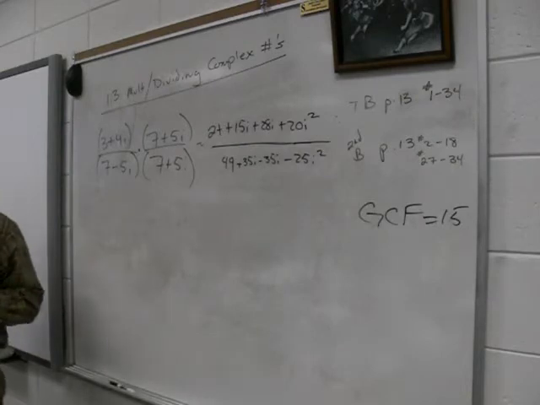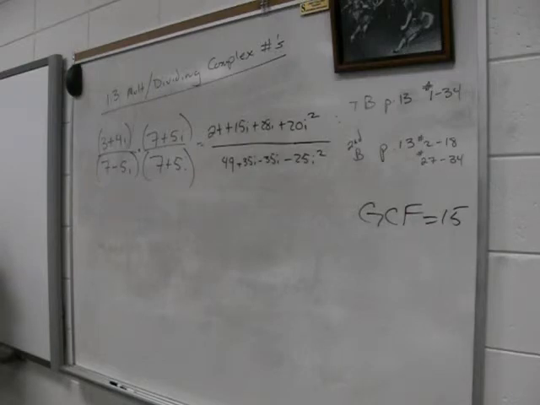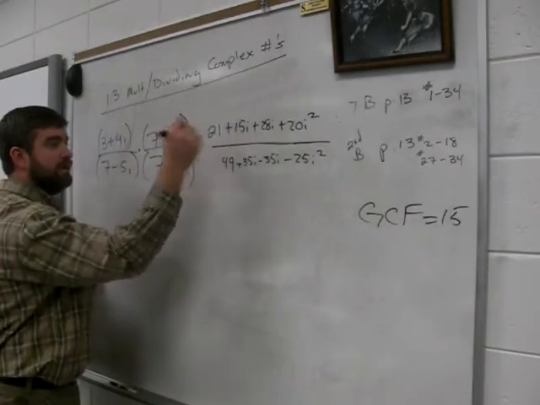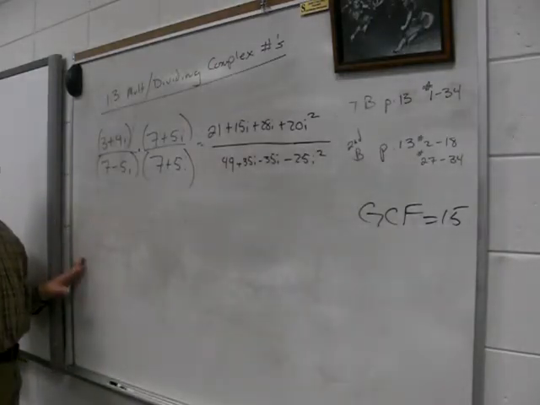All right, when you FOIL out the top and FOIL out the bottom, you should have gotten this before you simplified: 21 plus 15i plus 28i plus 20i squared over 49 minus 35i plus 35i minus 25i squared.